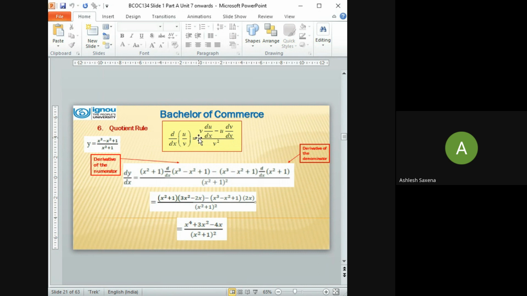Now straight up a line. Come to the numerator part. Straight away write that v and differentiate the numerator, minus the numerator into the derivative of the denominator.